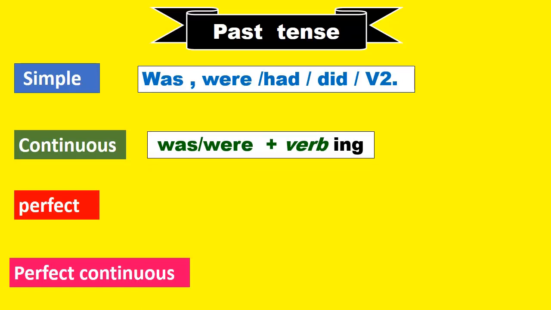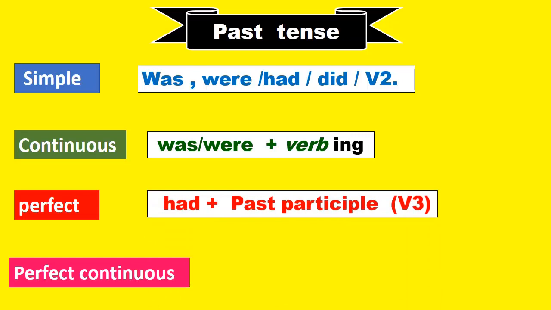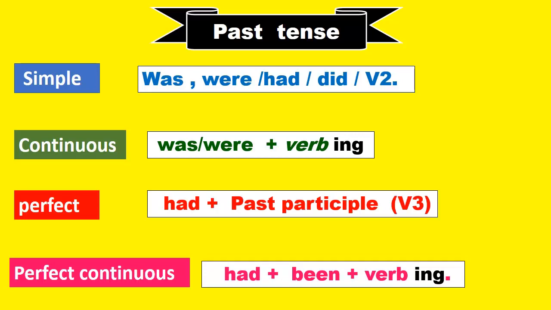Now for past perfect tense, we use had plus past participle known as V3 form. And for past perfect continuous tense, it will be had plus been plus verb followed by ing.